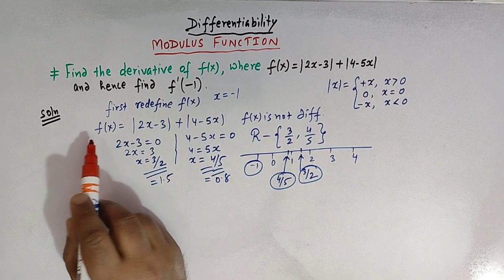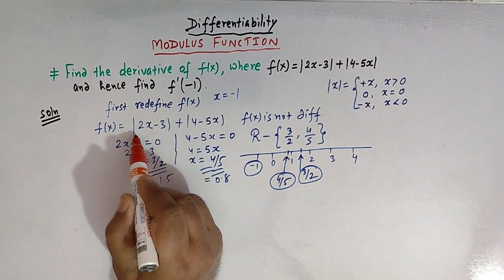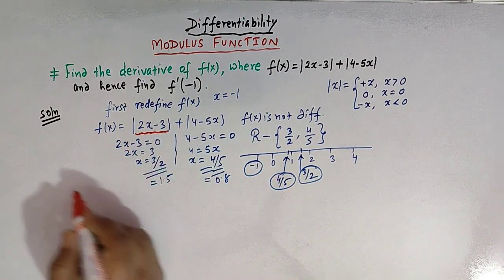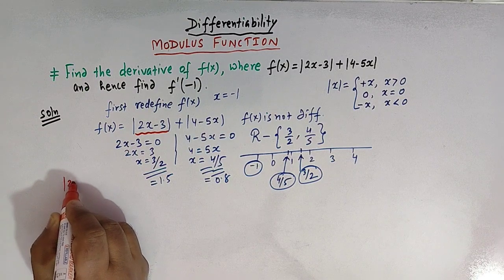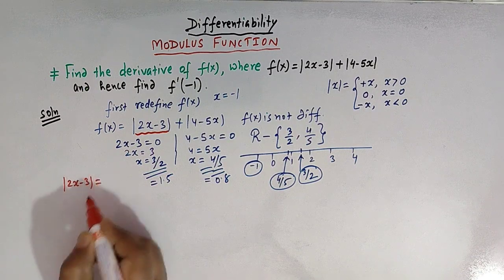To redefine this function f(x), let us first take the term |2x - 3|.